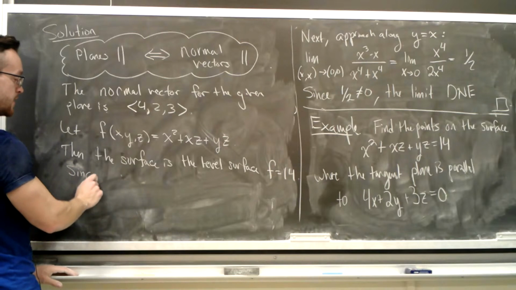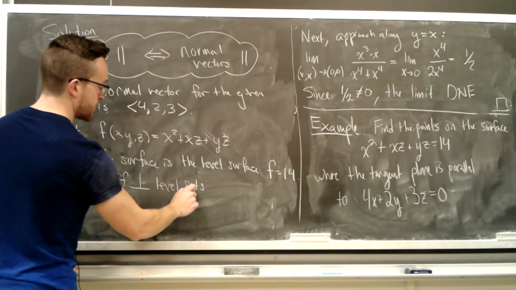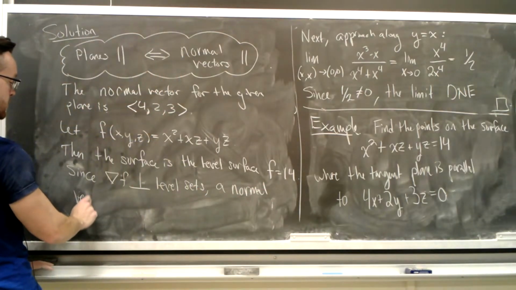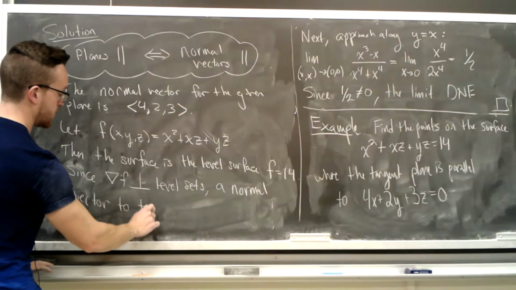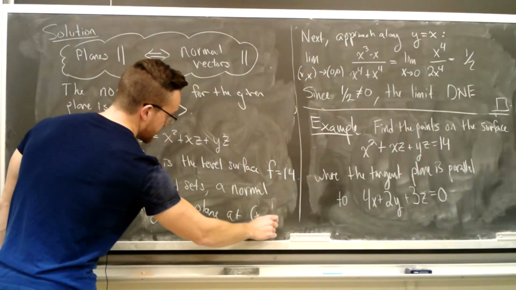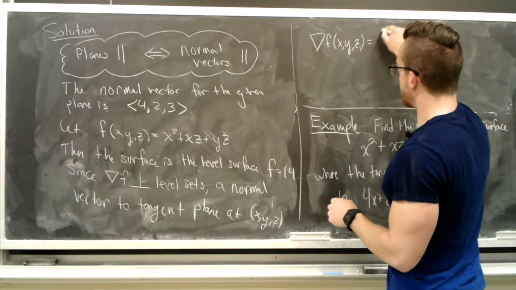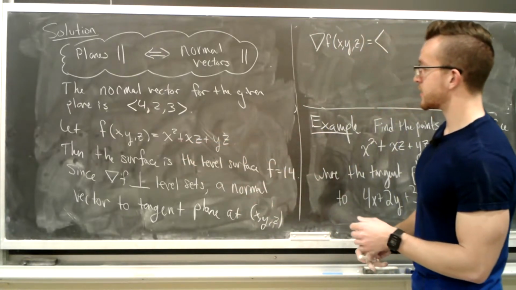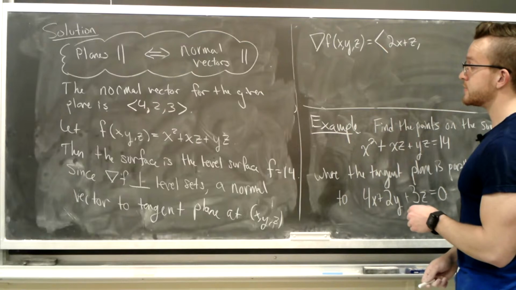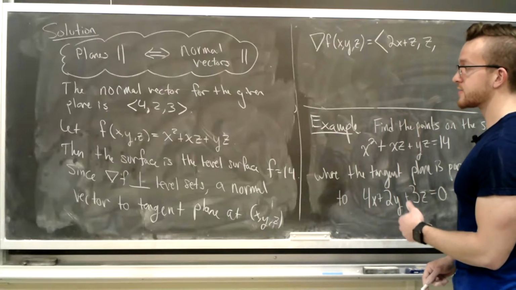Since the gradient of f is perpendicular to level sets, a normal vector to the tangent plane at any point x, y, z is the gradient of f, which in our case is the vector with x derivative 2x plus z, y derivative z, and z derivative x plus y.